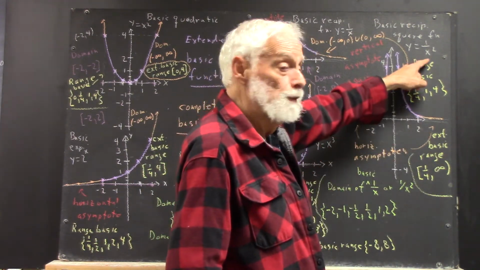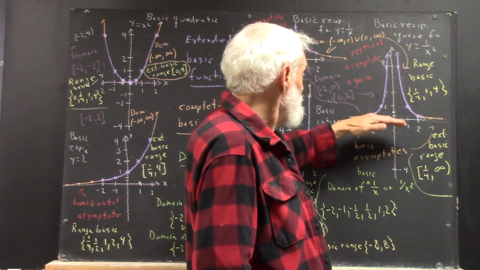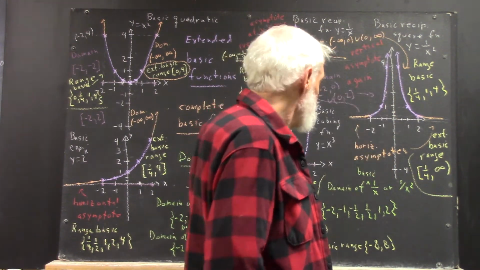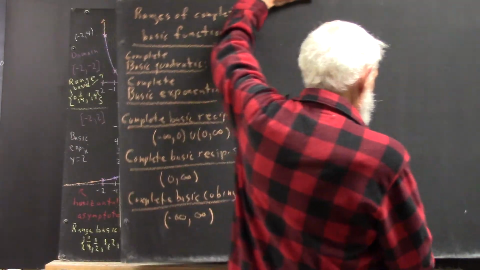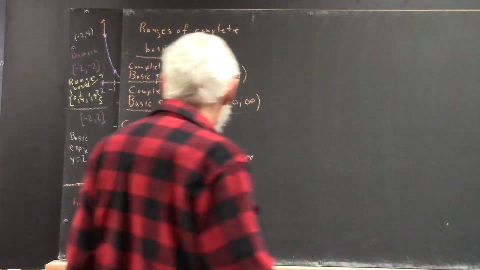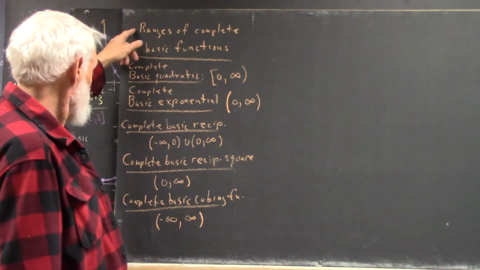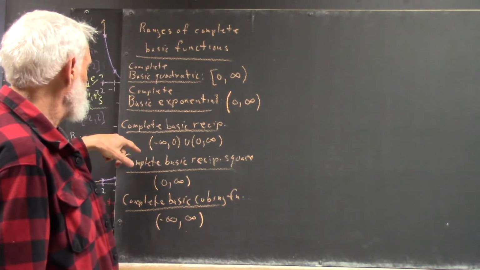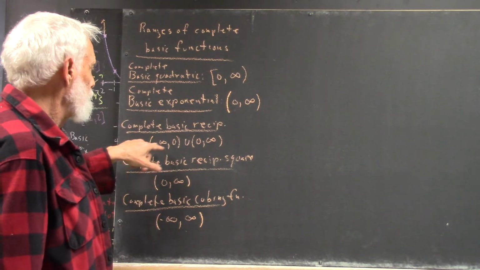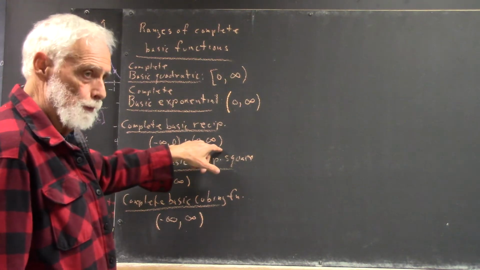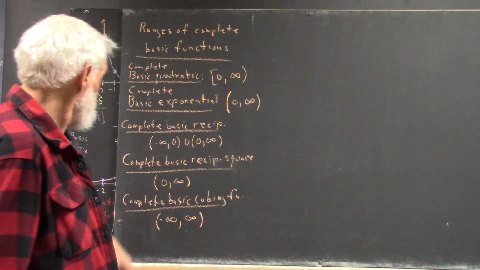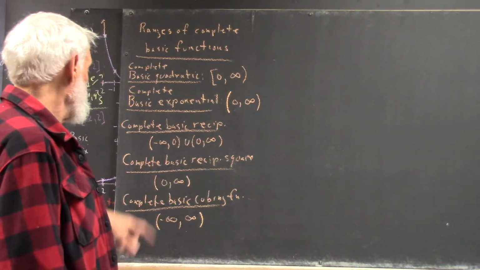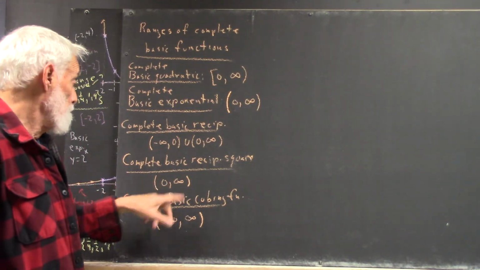No number divides 1 0 times. But we get all the positive numbers. So the ranges of these functions. Again, ranges for the complete basic reciprocal function, negative infinity to 0 and 0 to infinity. Okay, the negative numbers, the positive numbers. For the complete basic reciprocal square function, 0 to infinity.